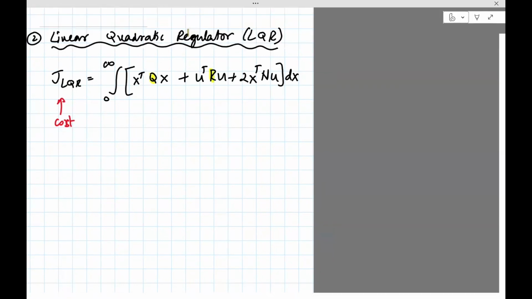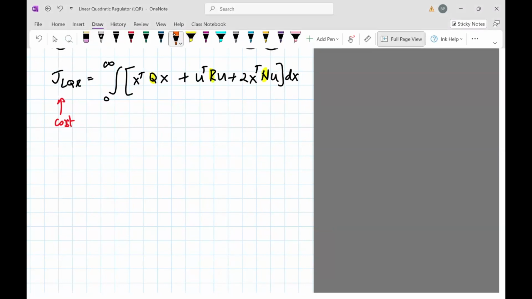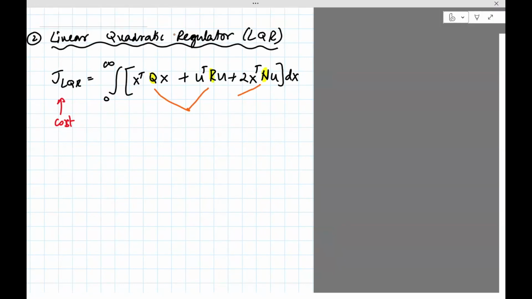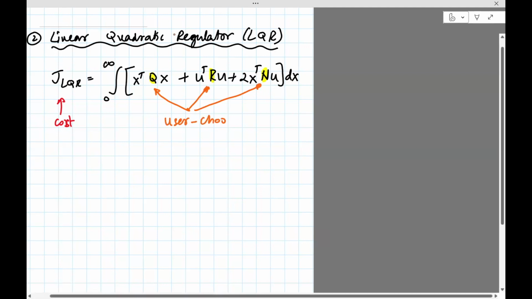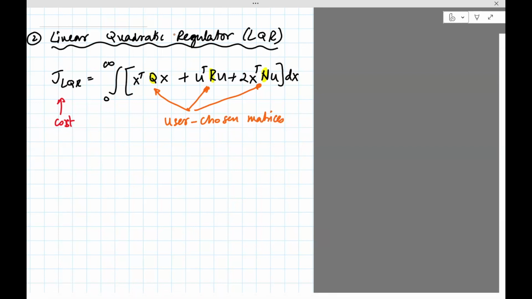Q, R, N are user chosen matrices. That is, you will choose them to whatever you want. Again, I'll tell you a little bit about choosing them a little later.